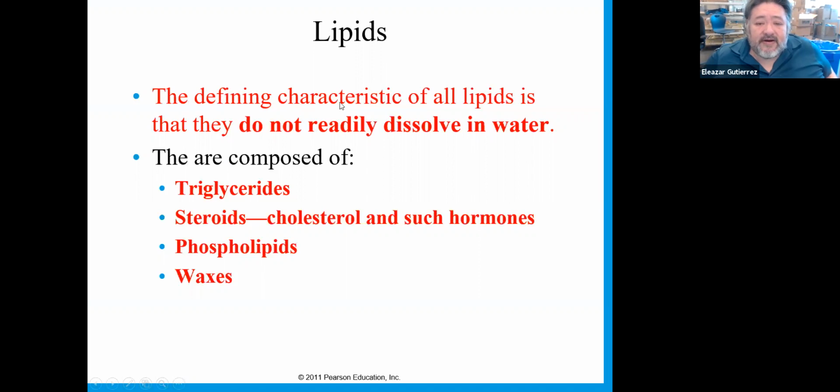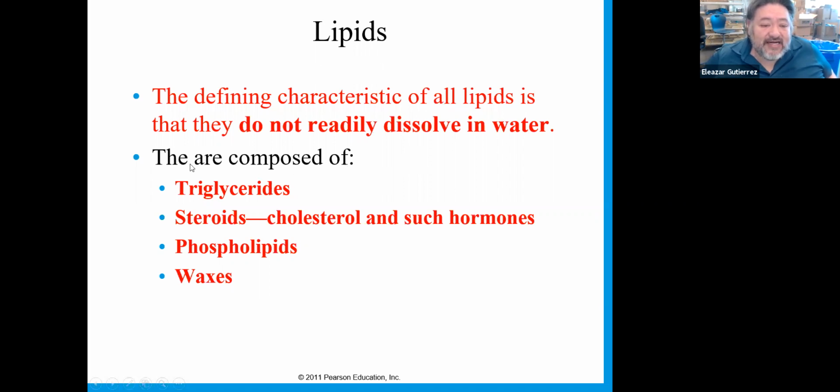So, the defining characteristic of all lipids is that they do not readily dissolve in water. What is that called? Do you guys remember? That's called hydrophobic, water fearing. So all lipids are hydrophobic in character. That is their main characteristic.